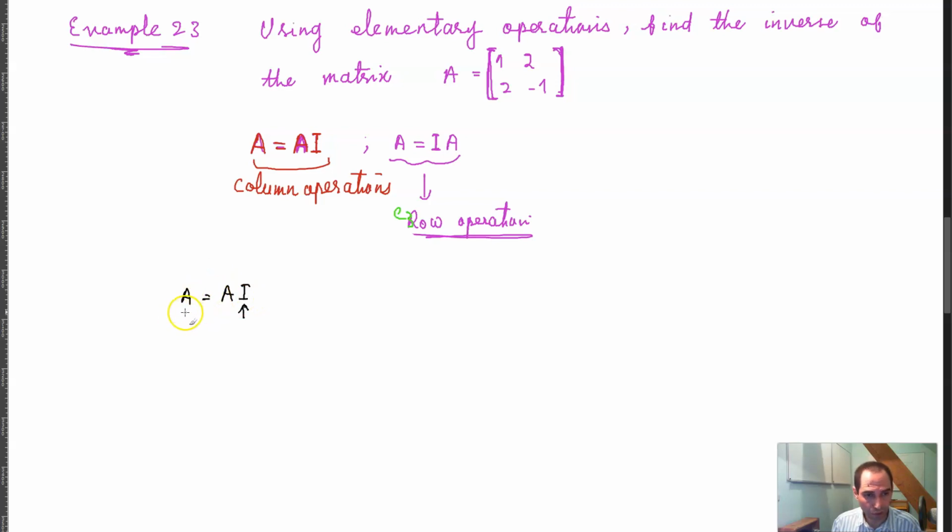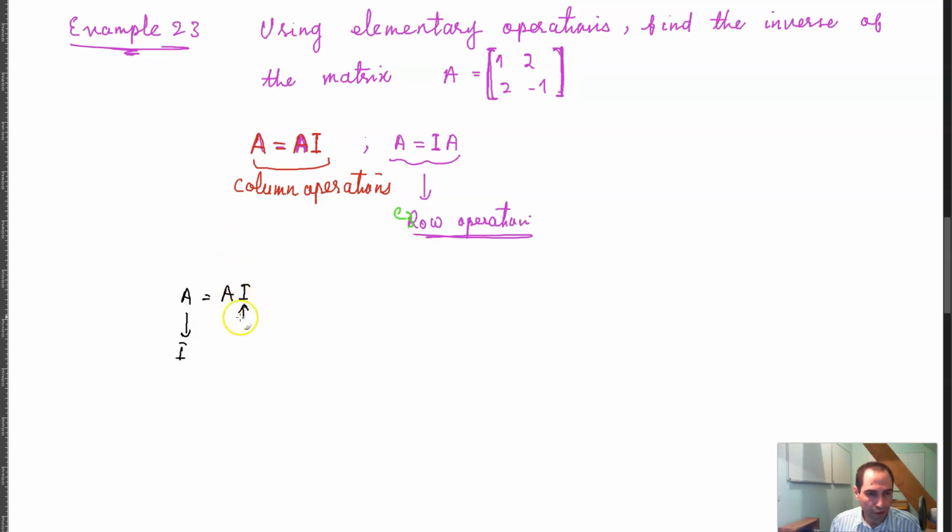You have to do as many column operations as required so that this looks like I. And depending on what you do here, you do the same column operations on I as well, and I becomes some other matrix.